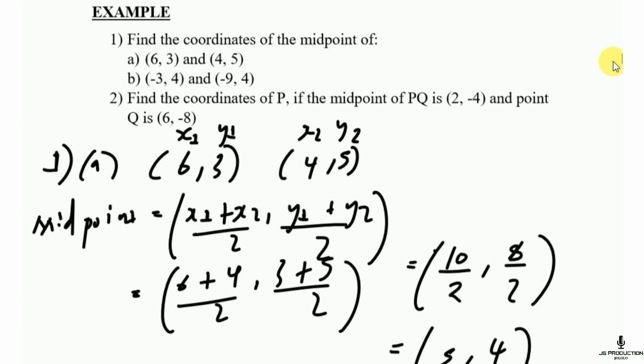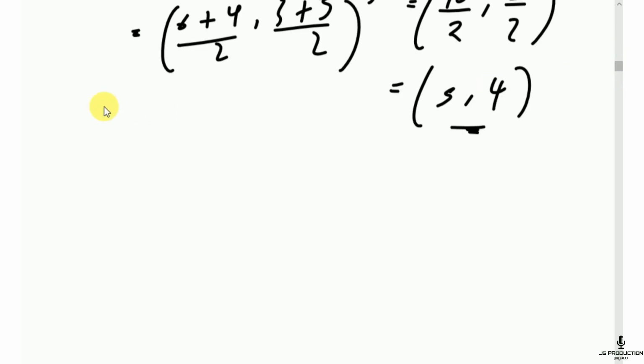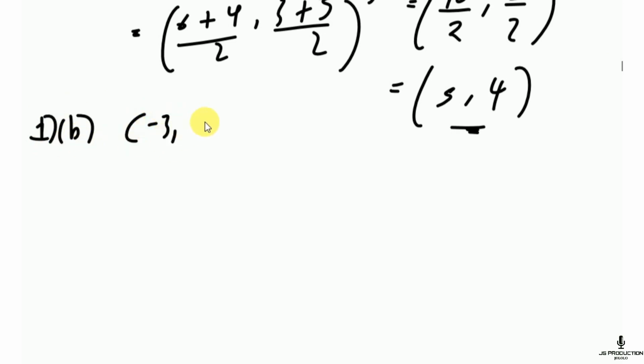In 1b we have negative 3, comma 4 and negative 9, comma 4. So in 1b I have negative 3, comma 4. I also have negative 9, comma 4. So the first step is to write down your x1 and your y1.